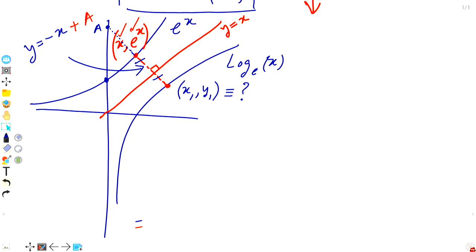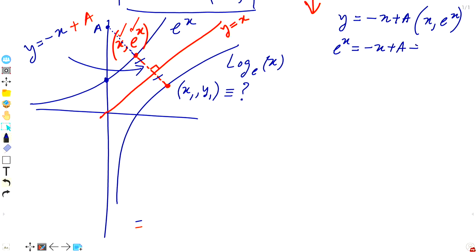Find a. If you plug that value there, it's going to be y is equal to minus x plus a. So you put e^x there, so it's going to be e^x equals minus x plus a. From here you get a is equal to e^x plus x.